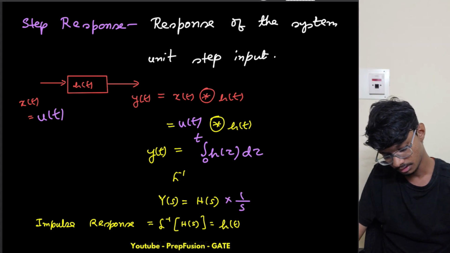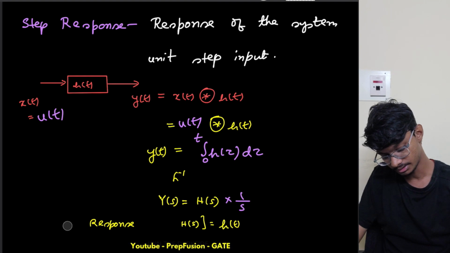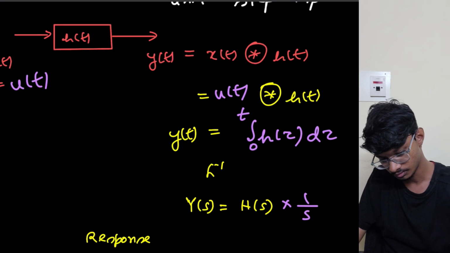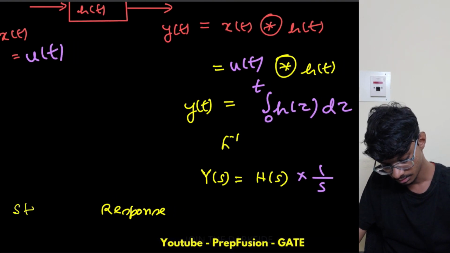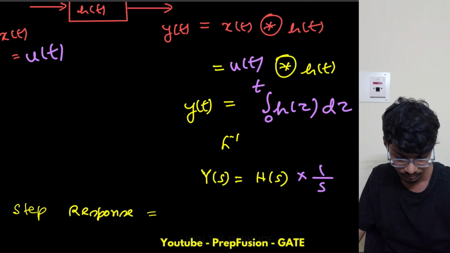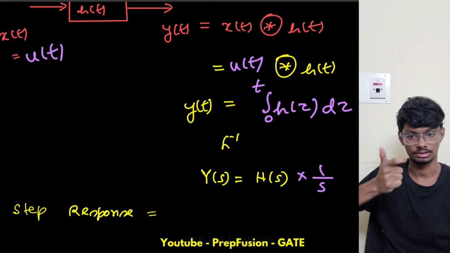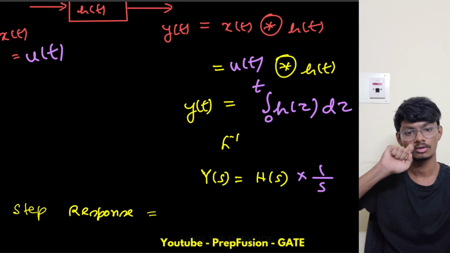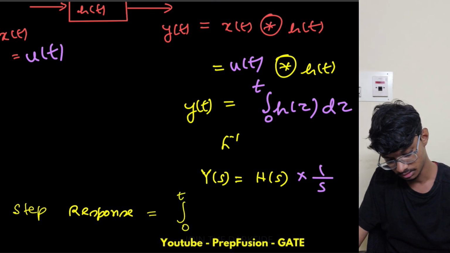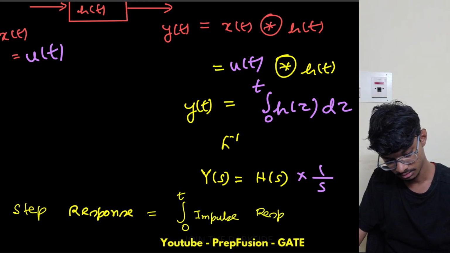Let me write the step response here, in a smaller pen. The step response will be simply 1 by s times the impulse response in the Laplace domain, or we can simply integrate it, from 0 to t, the impulse response dt.